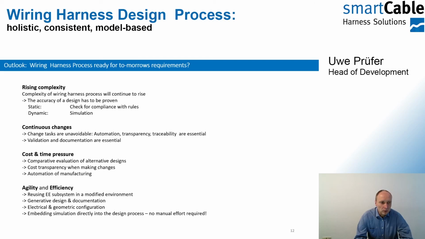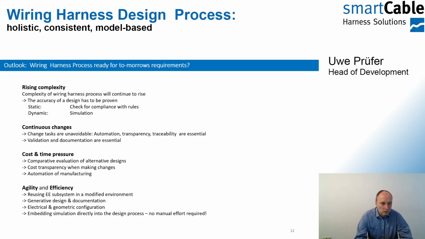E-mobility requires simulation, autonomous driving requires error-tolerant energy wiring harnesses. Checking that everything is correct can be successful only in a model-based process. Every change has to be verified and validated, a prerequisite being a data model that allows this.